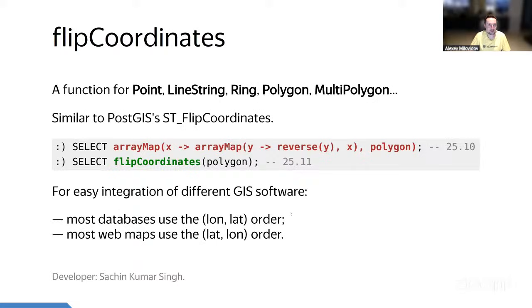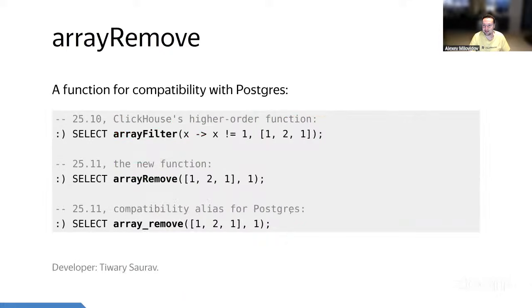So it's pretty nice. The next one is yet another function for compatibility with Postgres. It is named arrayRemove. In ClickHouse, if you want to skip certain values from an array, you can use a really powerful function, arrayFilter. It accepts a lambda function, which allows you to filter by any criteria you could even imagine. It has existed for 7 or 8 years, all the ClickHouse history.